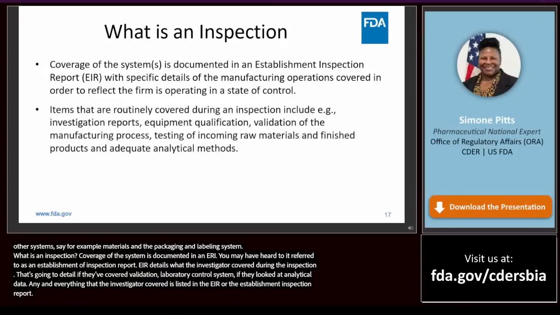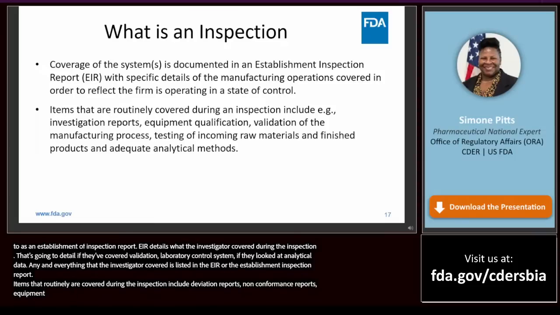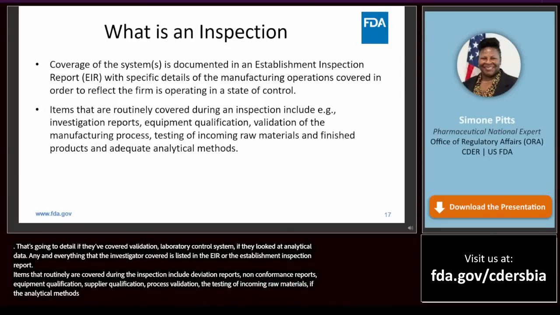Items that routinely are covered during the inspection include deviation reports, non-conformance reports, equipment qualification, supplier qualification, process validation, the testing of incoming raw materials, whether the analytical methods are validated, and whether there's a stability profile.